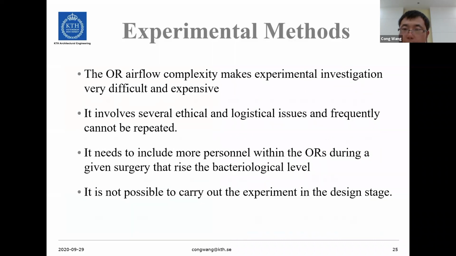But the experimental methods are faced with a number of problems. First of all, the complexity of the operating room airflow makes the experimental investigation very difficult and very expensive. The experimental methods involve several ethical and logistical issues, so they cannot be frequently repeated.